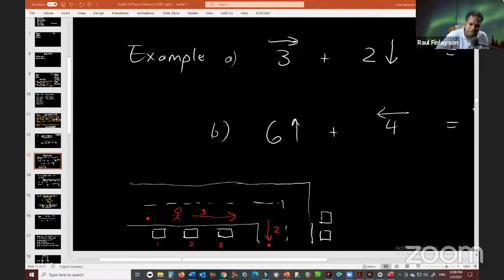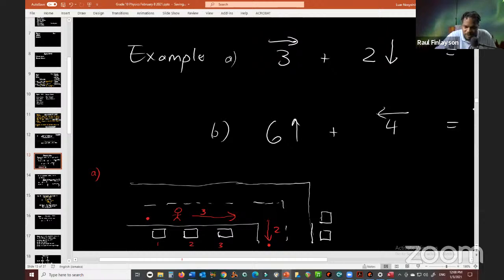Just understand this though, that vectors are what make giving directions easier. You're telling persons exactly where to go and you use numbers to do it. Like I'm saying here in this diagram, if you see it on the screen, I'm doing question A, putting it in a real-life situation.